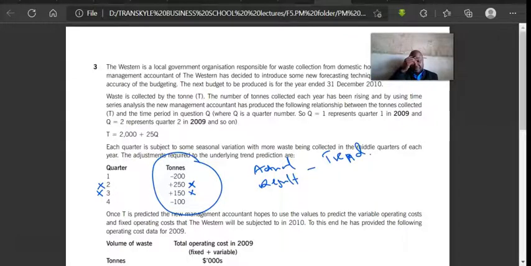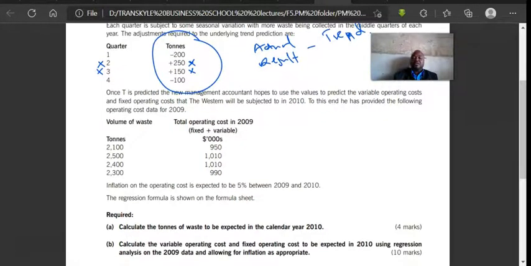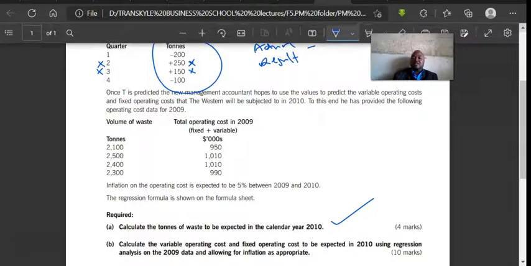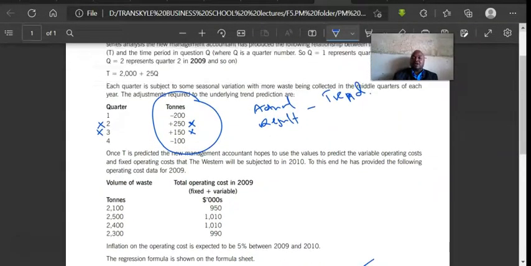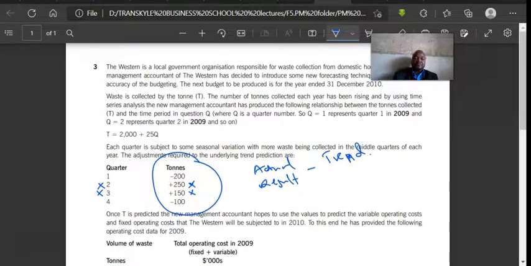The first thing we need is to determine the solution to the first part, that is, calculate the tons of waste to be expected in the calendar year 2010. The knowledge of seasonal variations and trend analysis is required at this point. So let us get to our spreadsheet to see if we can come up with something sensible.